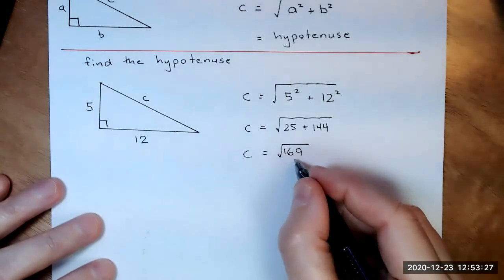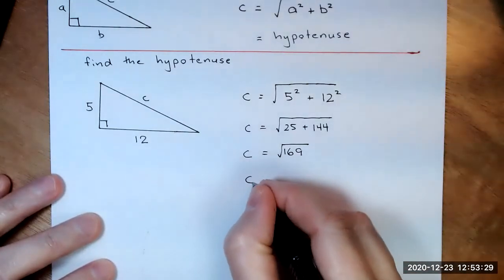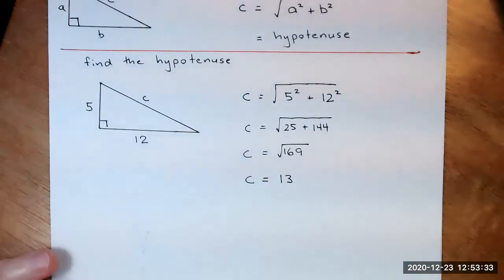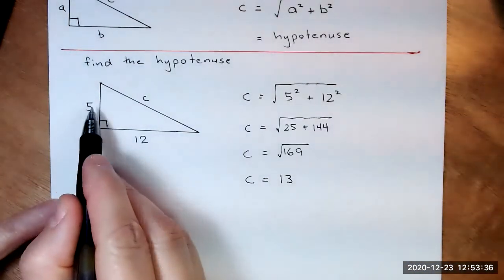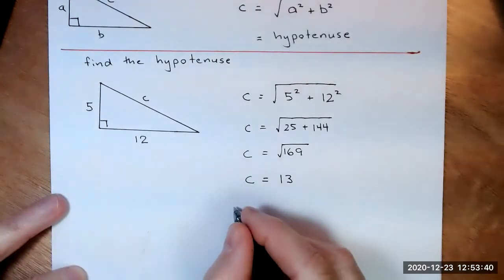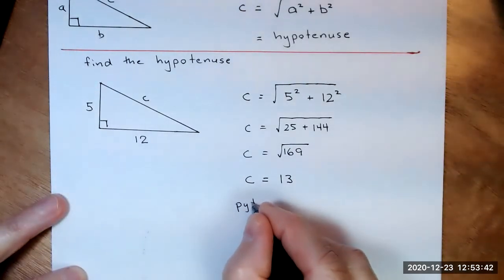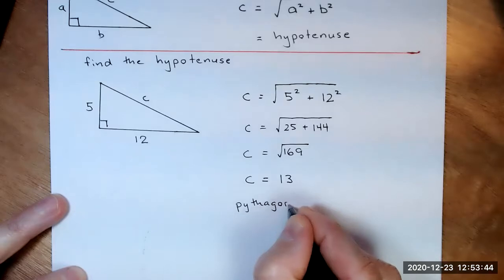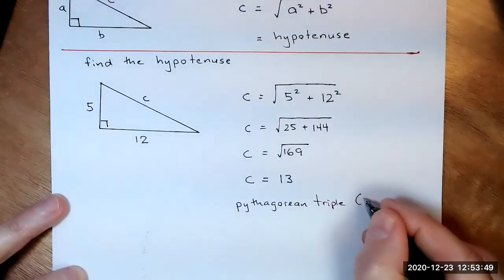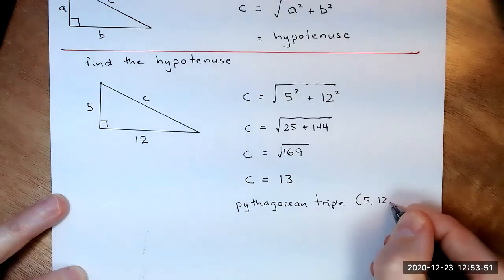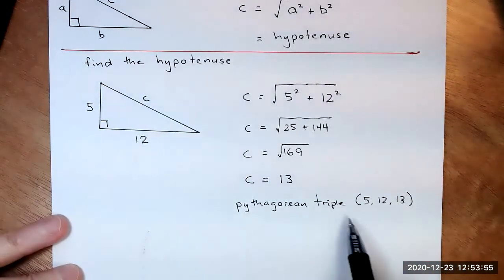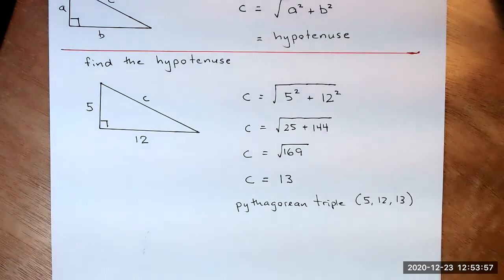So the principal square root of 169 is 13. By the way, if all 3 sides are integers, then those 3 make a Pythagorean triple. Which is a fun thing to Google on a Friday night.